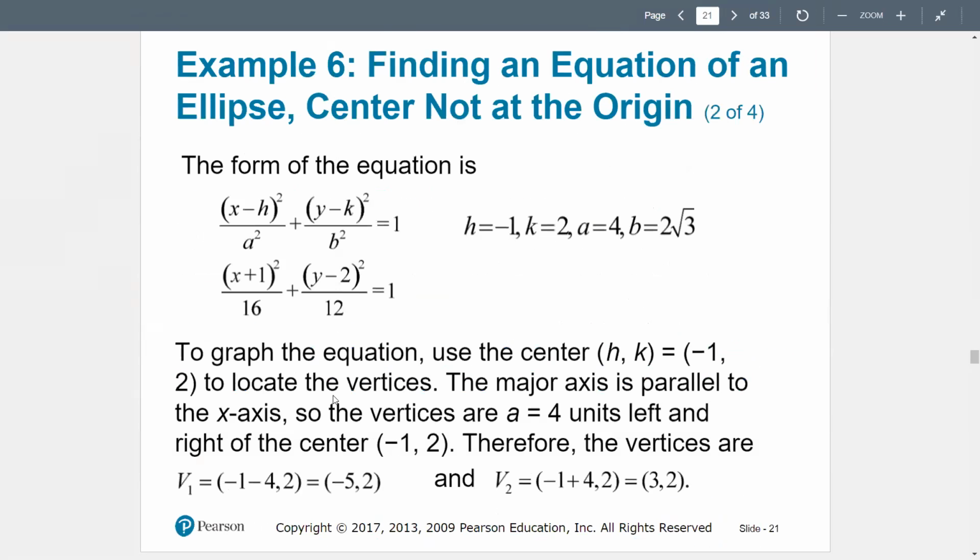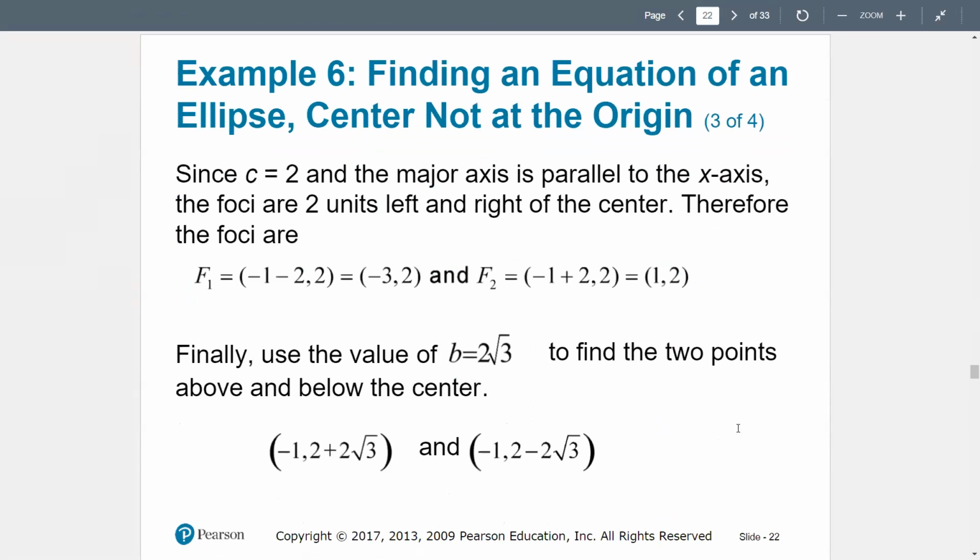Okay, so once you plug everything in, you end up finding your vertices or verifying your vertices. So you have to use that to find your foci, your two foci.